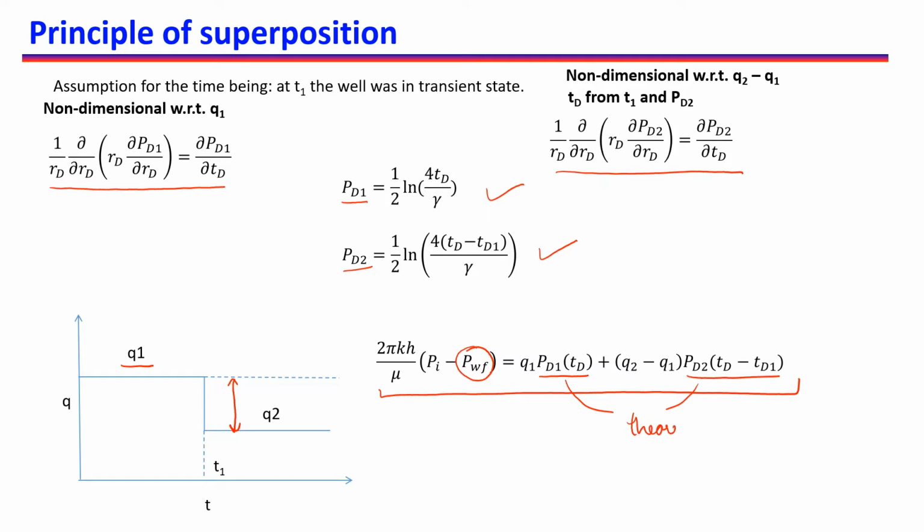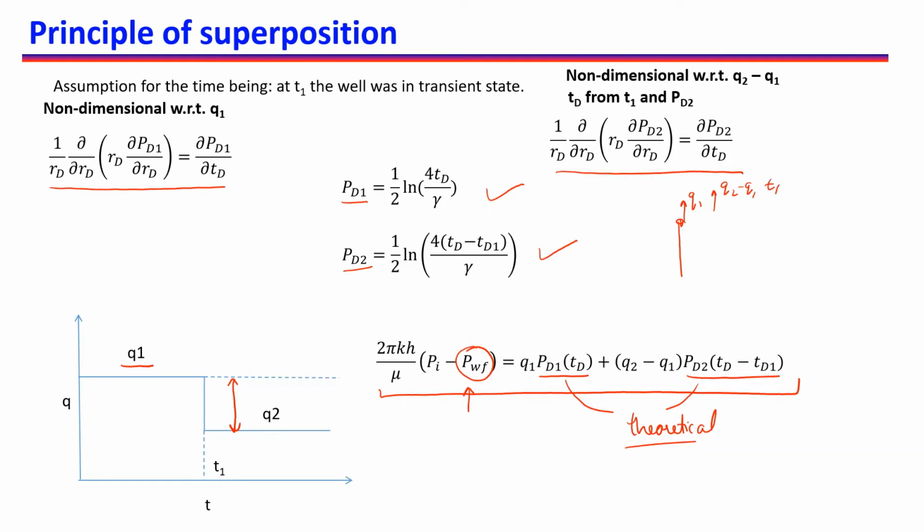So this is theoretical pressure drop, while at the well we measure the actual pressure which also takes care of the skin. For the principle of superposition, we imagined two wells at the same position, one producing at flow rate Q1 which comes up at time 0 and another one producing at Q2 minus Q1 which comes up at time T1.